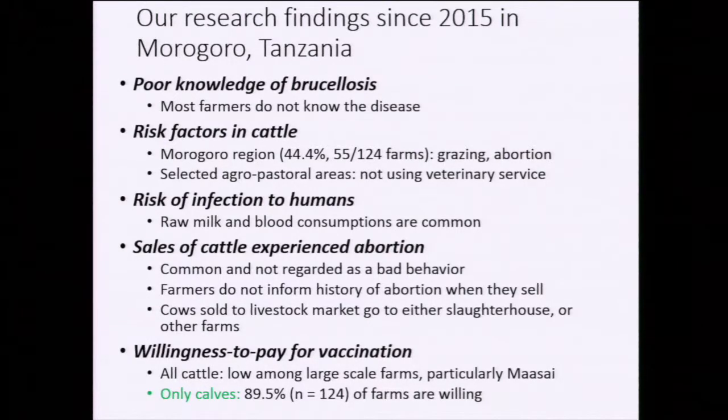I'm going to talk about some of the details in the next slide, but in summary, we have been conducting the study since 2015 in Morogoro, Tanzania. Knowledge about brucellosis among agro-pastoralists is poor. The risk factors in cattle we found in the Morogoro region are grazing and abortion.